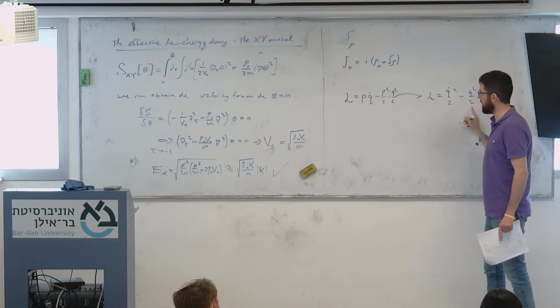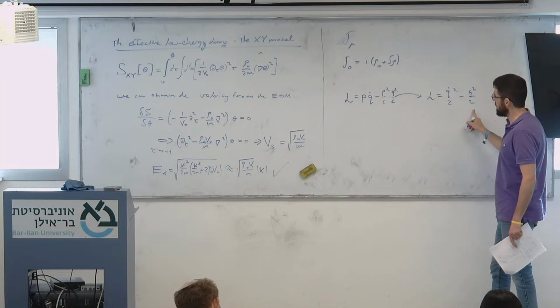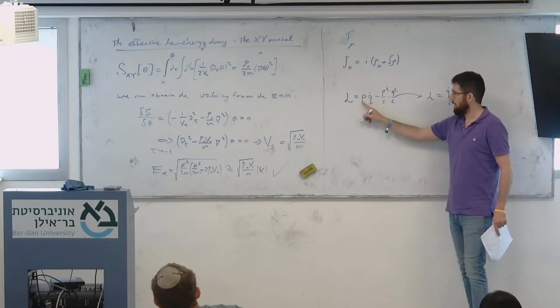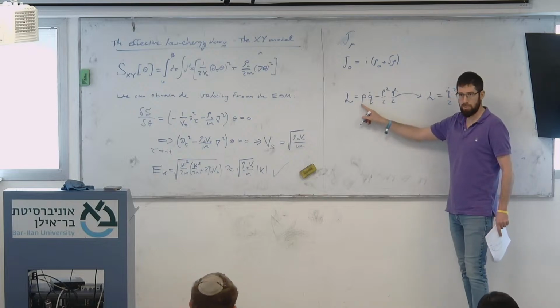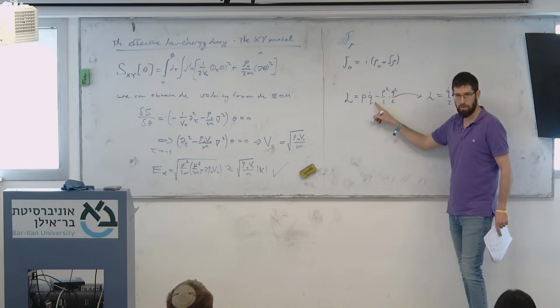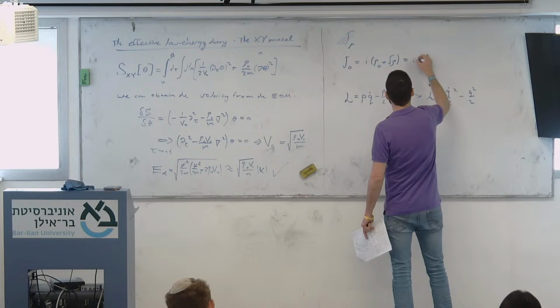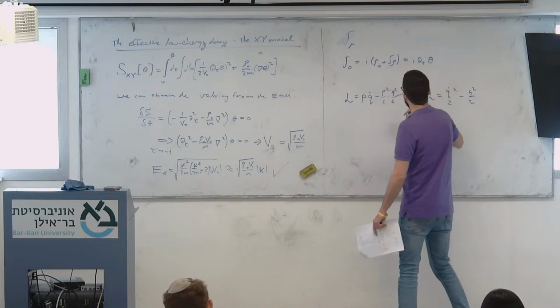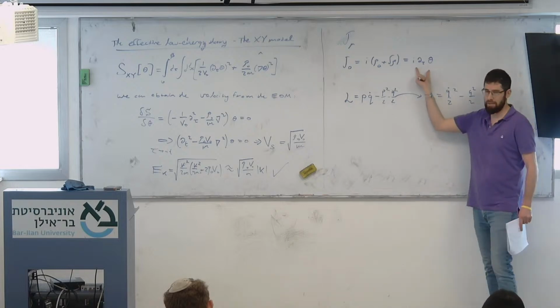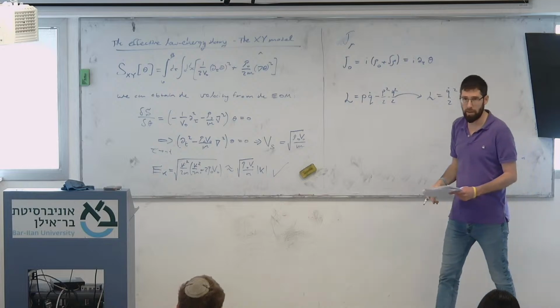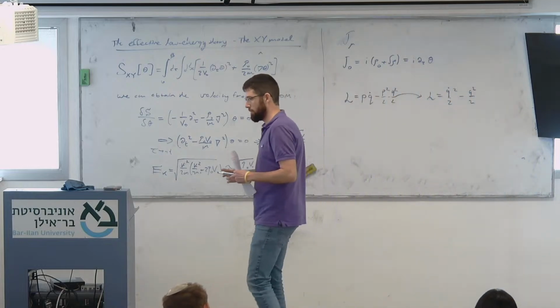Now, why am I writing this? Because when you do a Legendre transform like this, what's associated with the conjugate momentum is Q dot. So it won't surprise you that J naught is just i d tau theta. So basically, in the XY model, density is associated with the time derivative of theta.